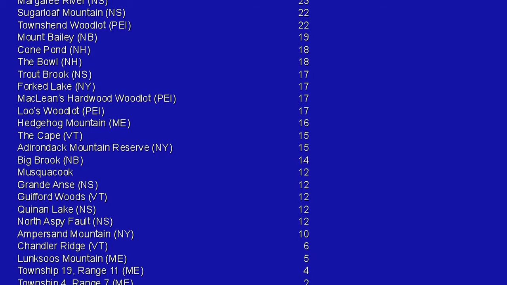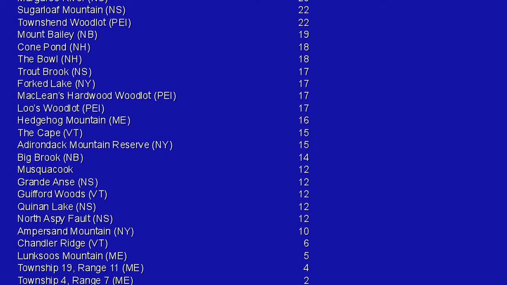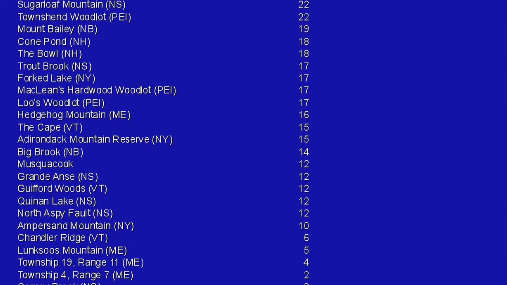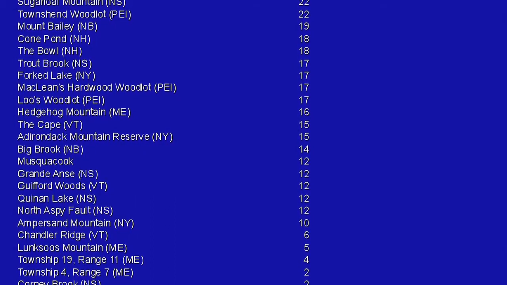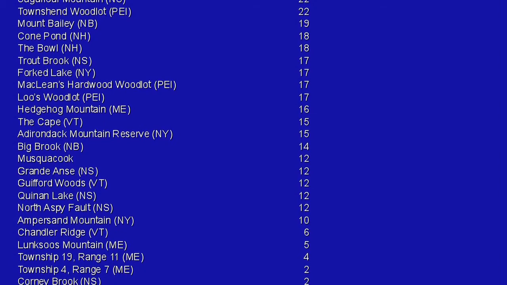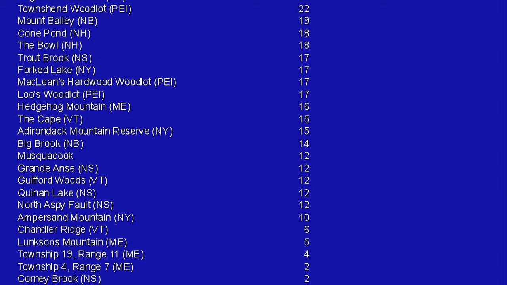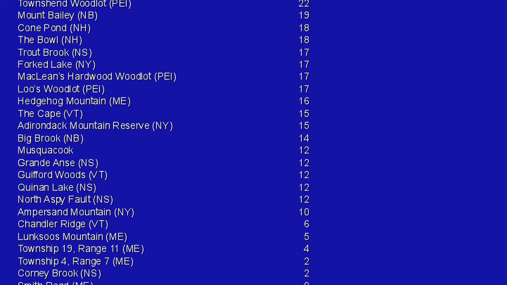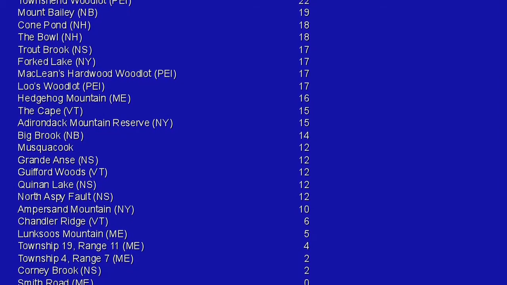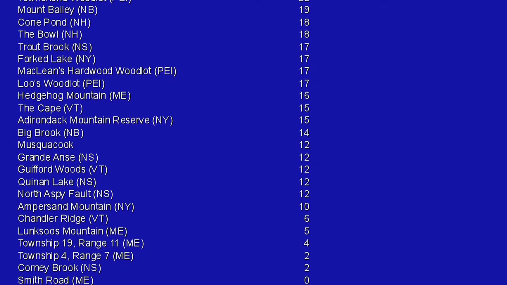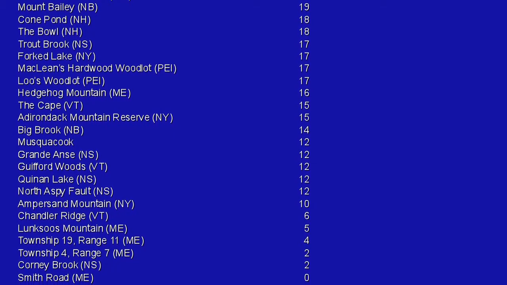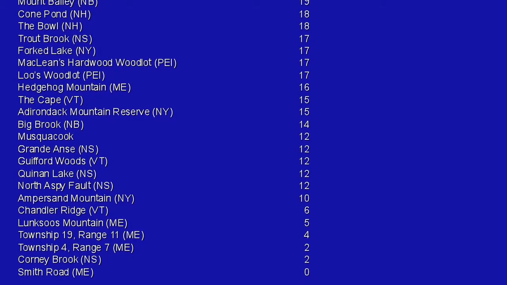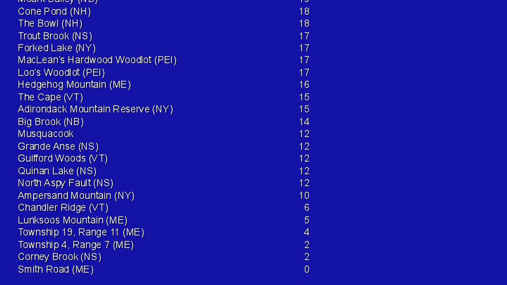Townsend Woodlot in PEI, that's another good, impressive stand. And then you see New Brunswick, Nova Scotia, New York goes all the way down to zero in southern forest. Are these all old forests? Well, they're all forests that I've visited over the years, some of which I didn't know the age, some I knew were like 60 years old. So they were all different ages.